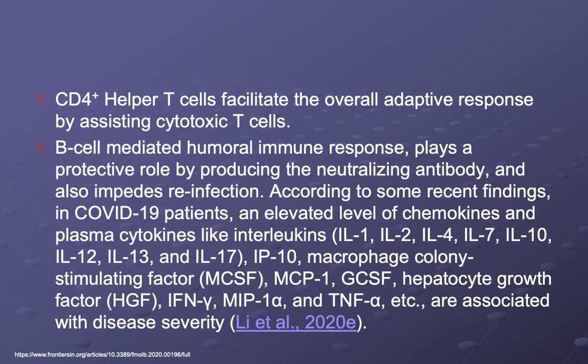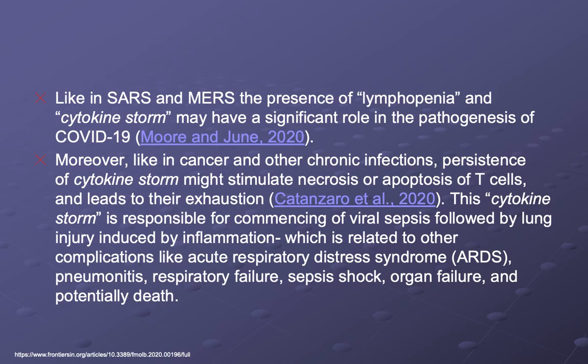And if this is not managed in a timely manner, this can really result in lethal consequences for the infected patient. Okay? So moreover, like in cancer and other chronic infections, the persistence of cytokine storm will not only damage the tissues but can also decrease the number of the immune cells.